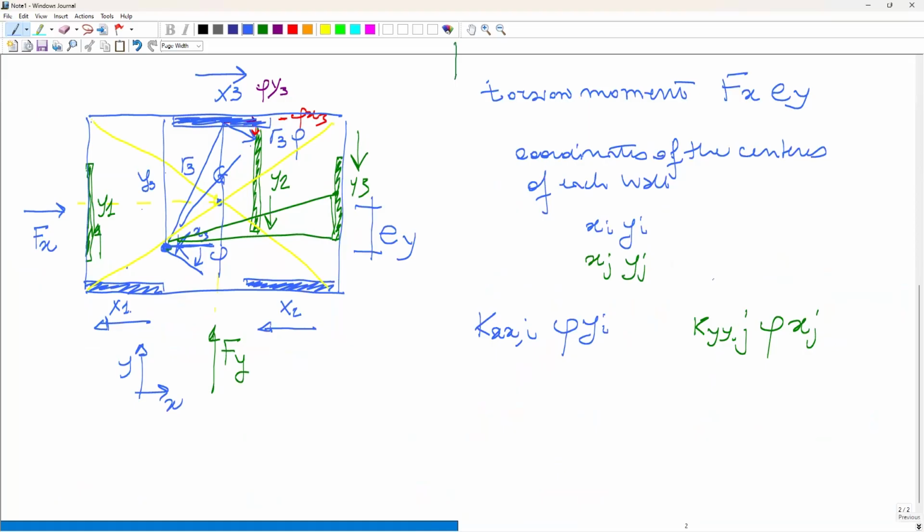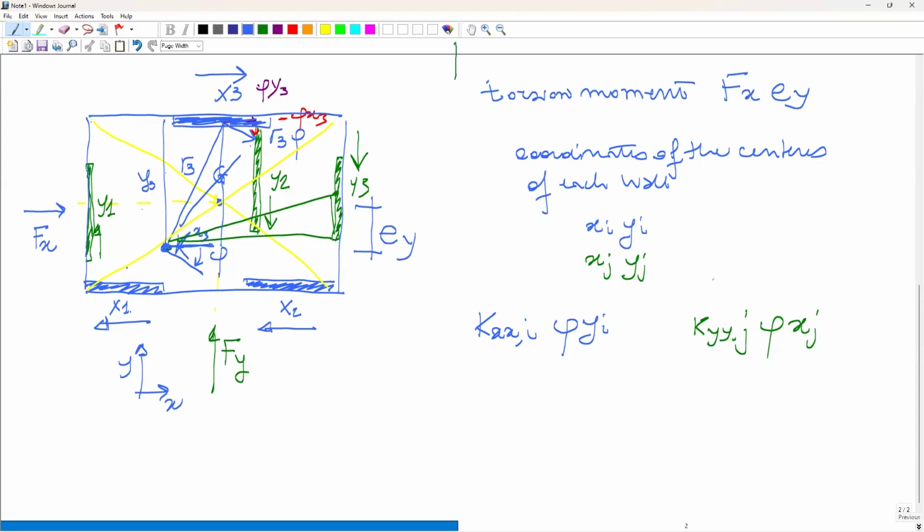They sum up, but for some other walls, it's exactly the opposite. So because of torsion, when the force comes in this way, this wall is overloaded, and these walls are partially unloaded.